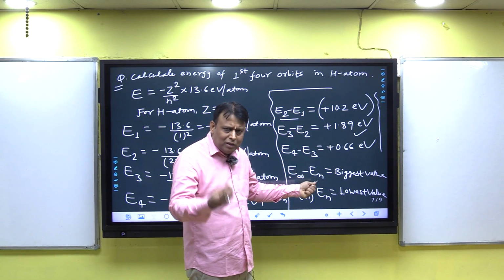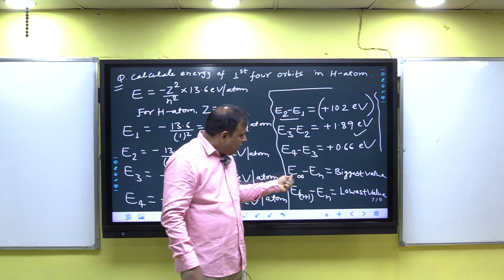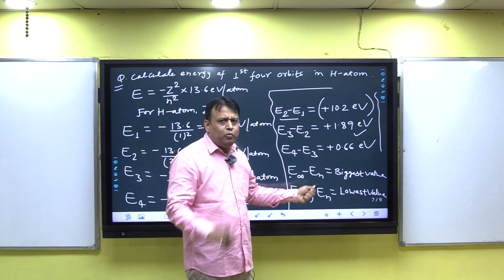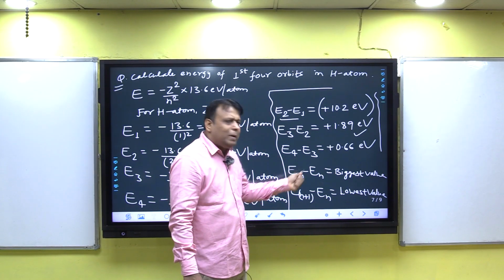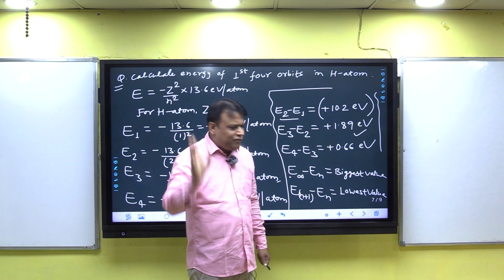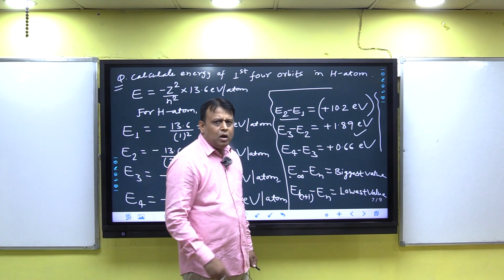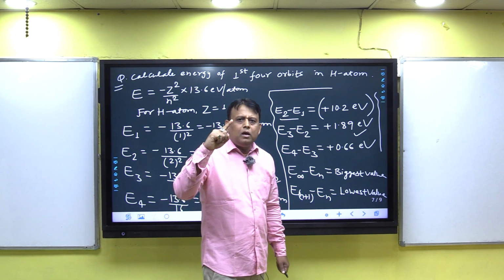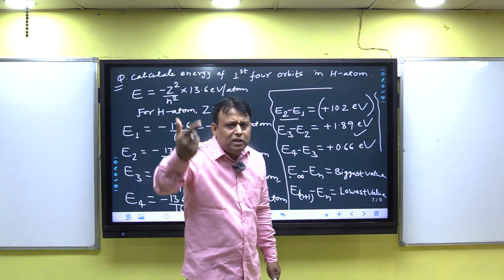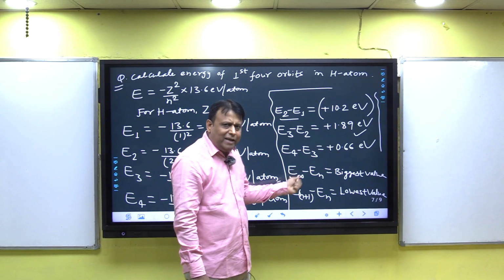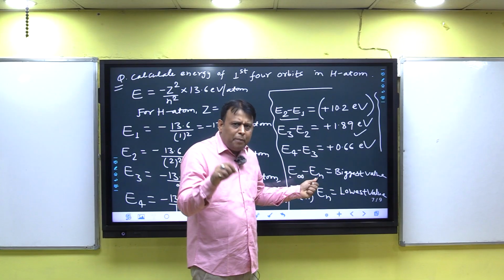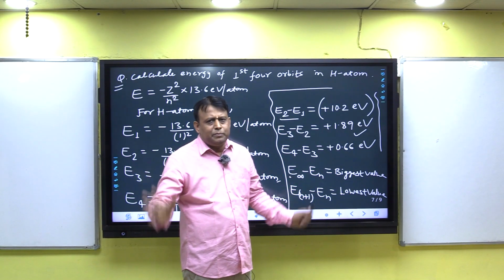For the first orbit, E infinite minus E1 will be the biggest value. For the second, E infinite minus E2, the biggest value. For the third, E infinite minus E3 will be the biggest value. So E infinite minus the energy of the nth orbit gives the biggest value.